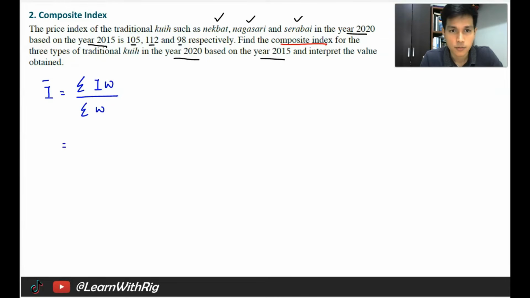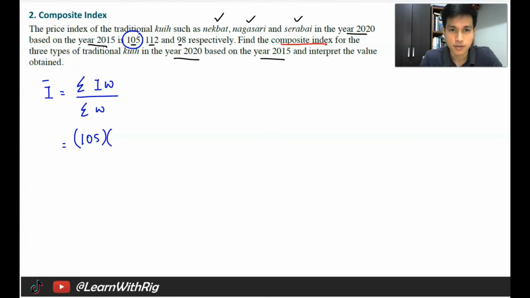So you take 105 multiplied by, see, IW, right? So I is the index number. So index number 105. What's the weightage though? You have to multiply by the weightage. So they never give you the weightage, right? But let's assume that it's only one of each kueh. So we just assume that it's the same weightage for each of them.